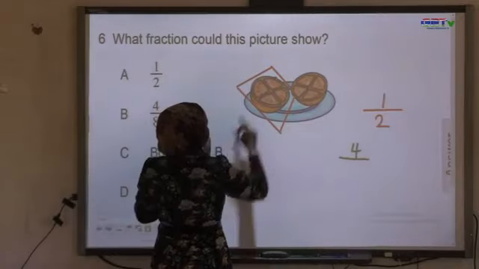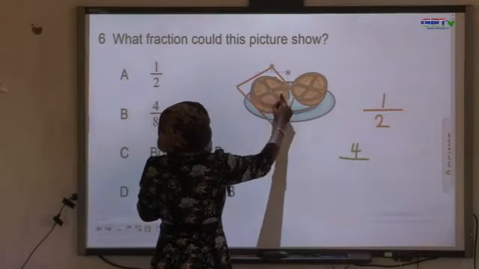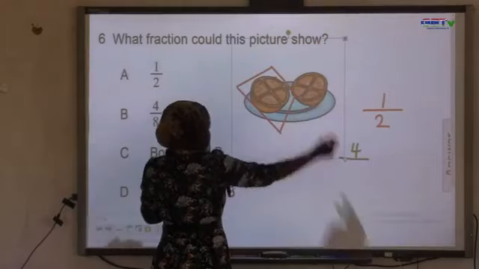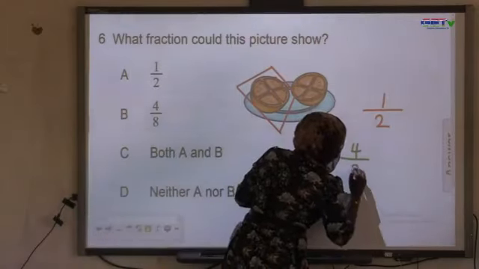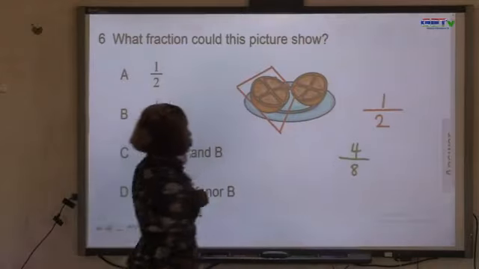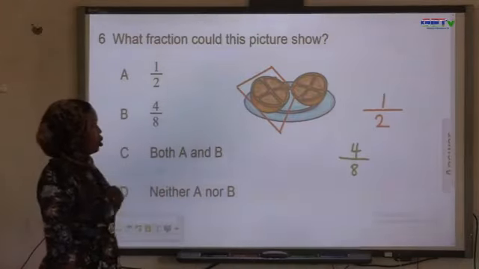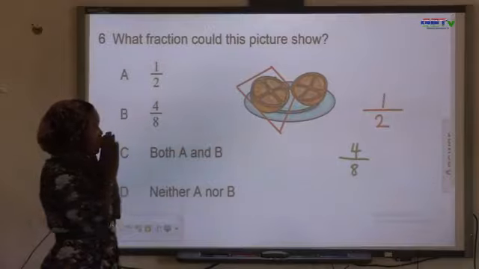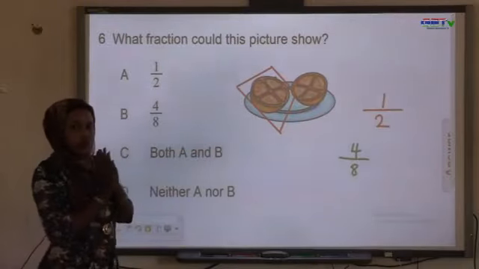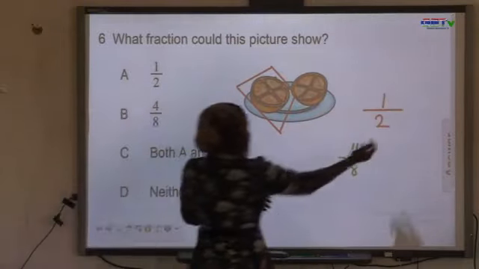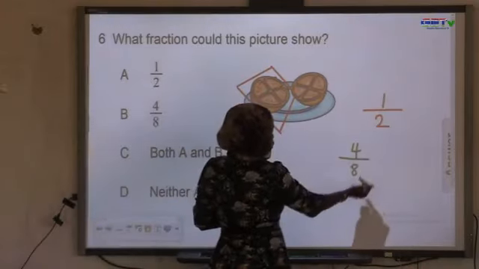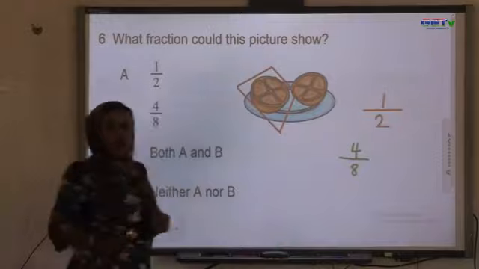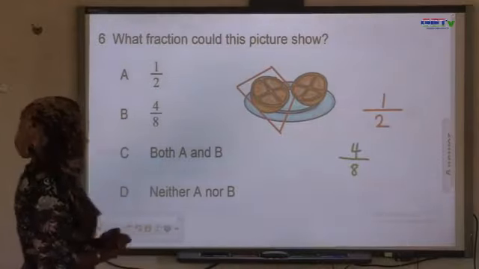Can we confirm that? 1, 2, 3, 4, 5, 6, 7, 8. So it's going to be 4 over 8. So this picture is showing us 2 fractions. One is half, and the other one is 4 over 8. That is 4 eighths.